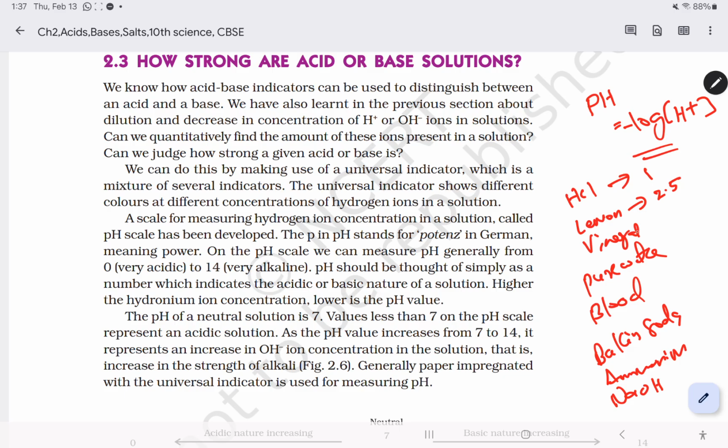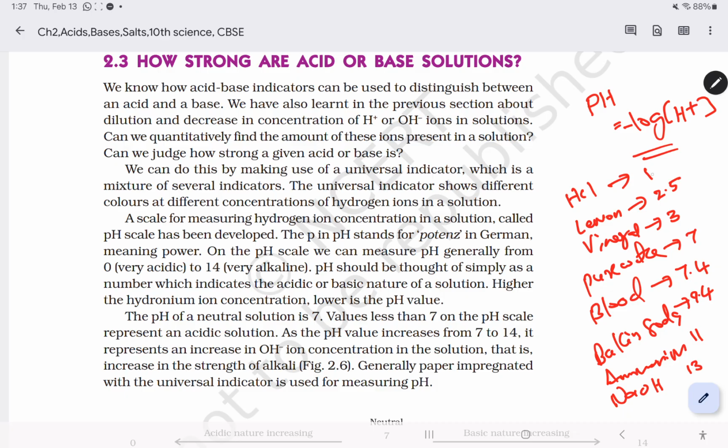You all know that lemon is an acid, right? For vinegar, it is 3. Compared to lemon juice and HCl, it is a mild acid. Pure water, as we just said, is 7, neutral in nature. Blood pH value is 7.4, baking soda is 9.4, ammonium solution is 11, and sodium hydroxide is 13.